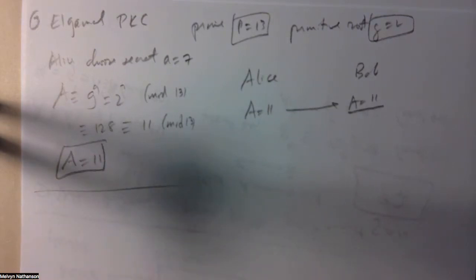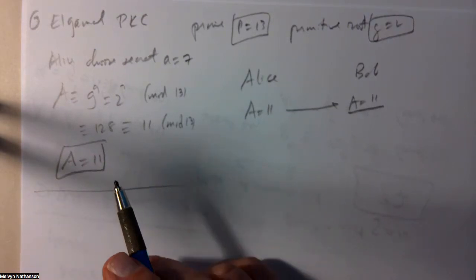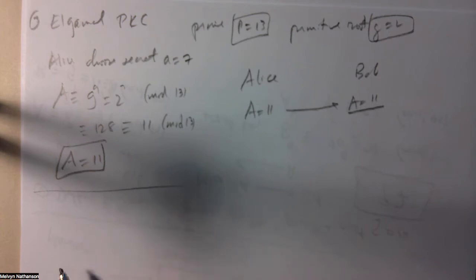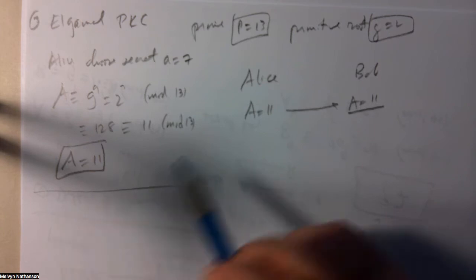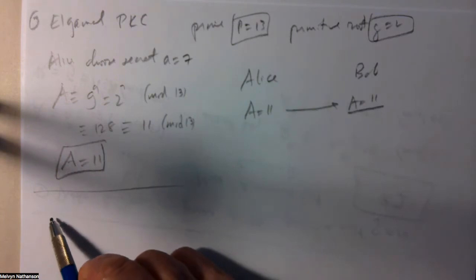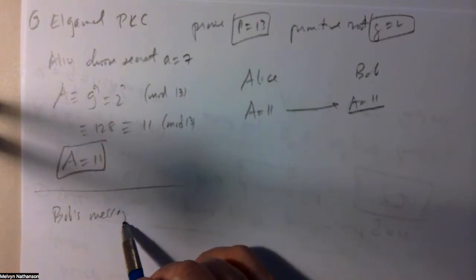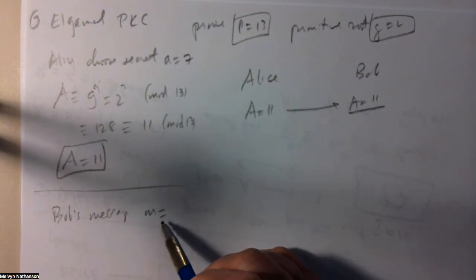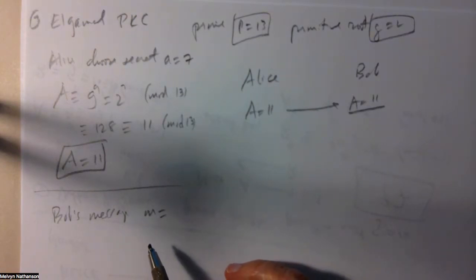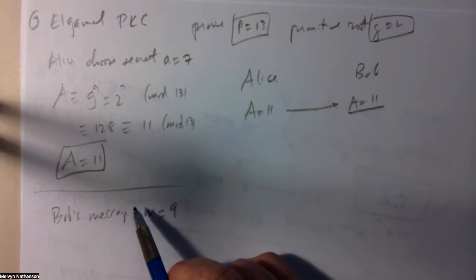So Bob knows this number A that Alice sent to him. Now, Bob has a message he wants to send to Alice. The message has to be something between 1 and p. A message is translated into a number. So the message is 9.